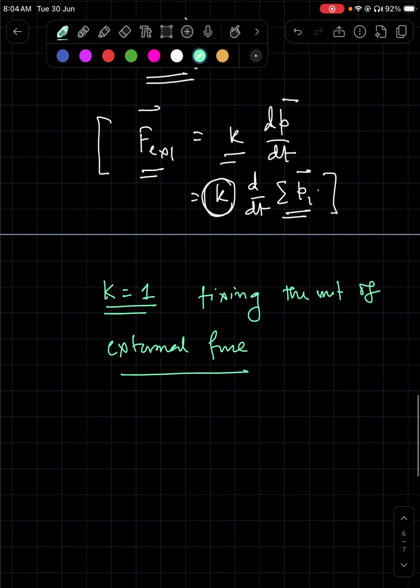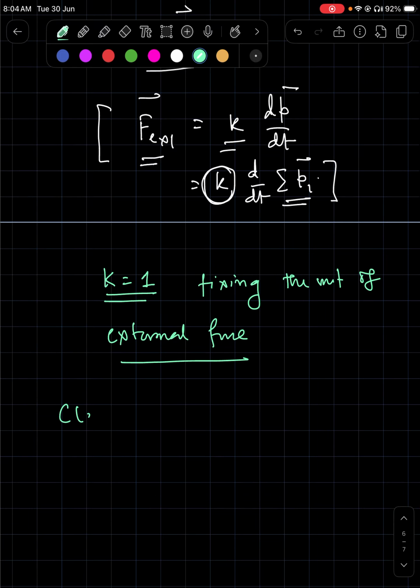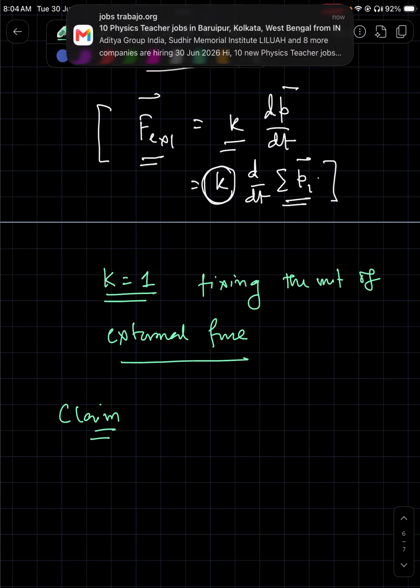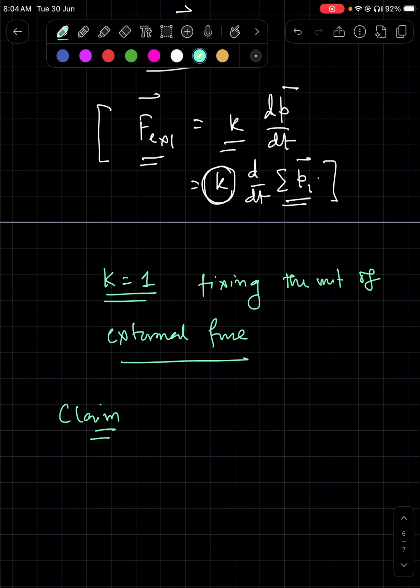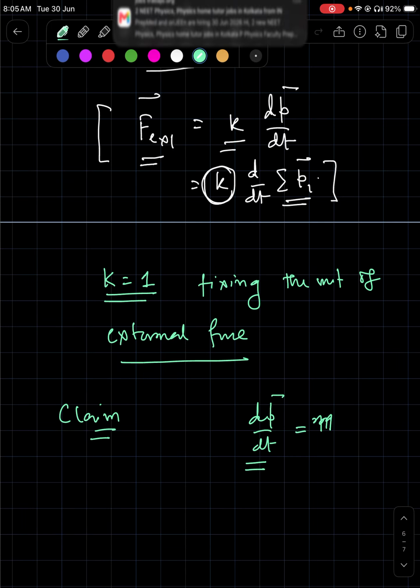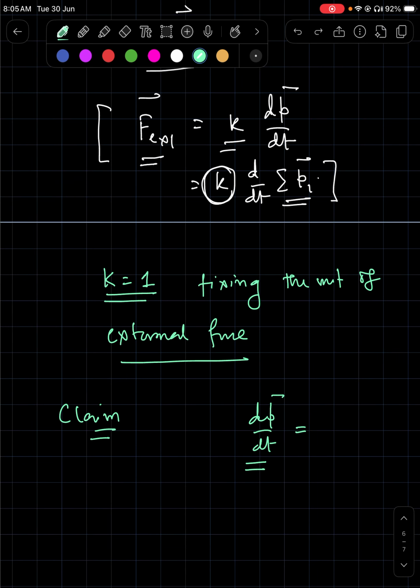So how can I fix the unit? We claim the force, the total external force, which generates a rate of change of linear momentum of one unit, this force is called 1 unit force.